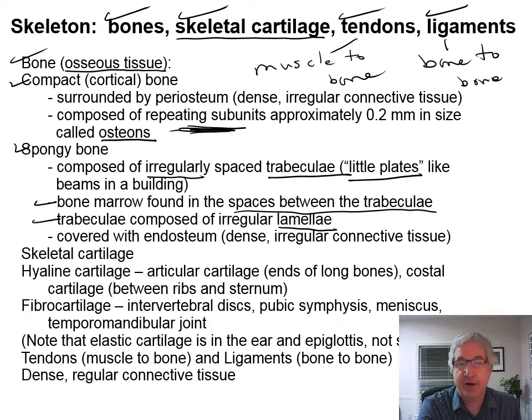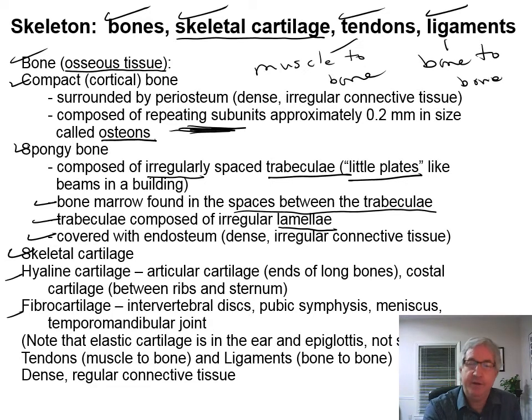The spongy bone, since it's on the inside, is covered with something called endosteum. On the inside, it's endosteum. On the outside, it's periosteum. So periosteum goes around the outside. Endosteum goes around the outside of the trabeculae, and I'll show you this in a minute.